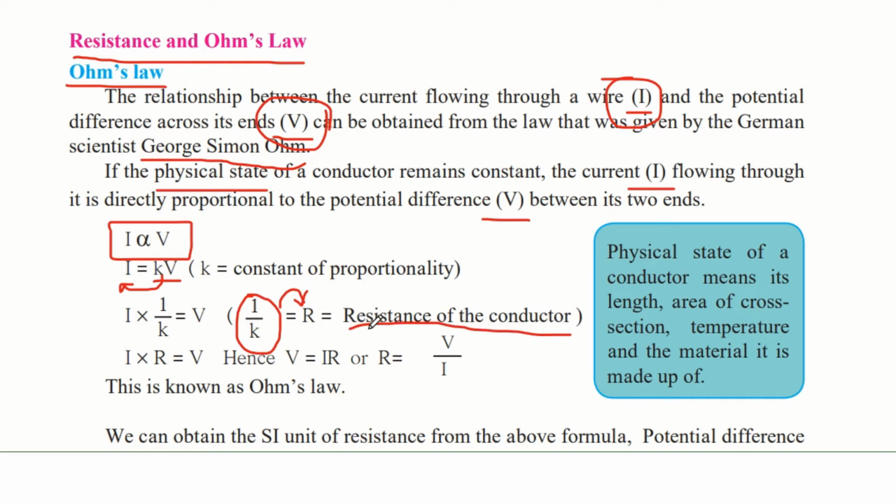Resistance of the conductor means something that is obstructing the flow of current. So I into R is equal to V, where 1 upon K is equal to R.